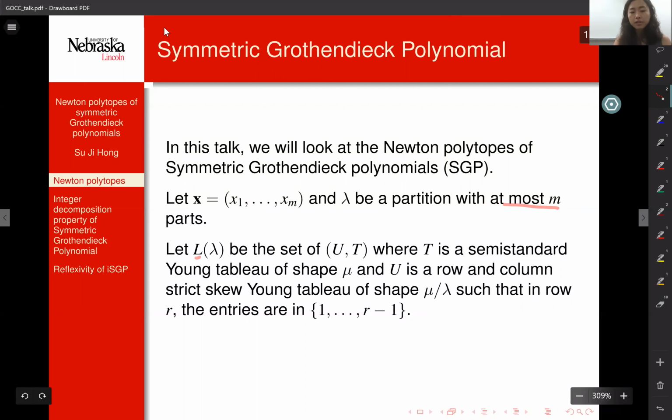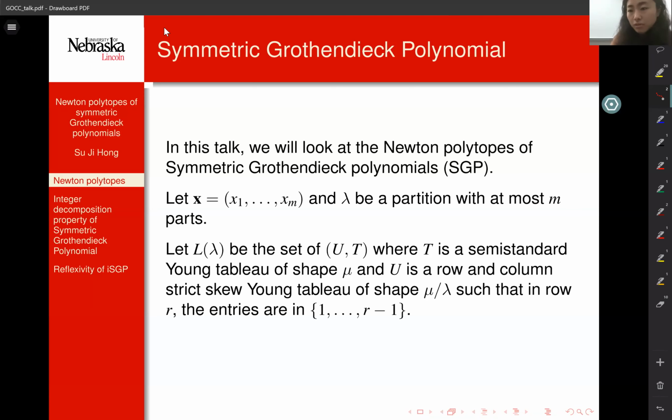We're going to let L of lambda be a set of pairs where T is a semi-standard Young tableau of shape mu, and U is a row and column strict skew Young tableau of shape mu minus lambda, such that row R has entries in 1 through R minus 1.